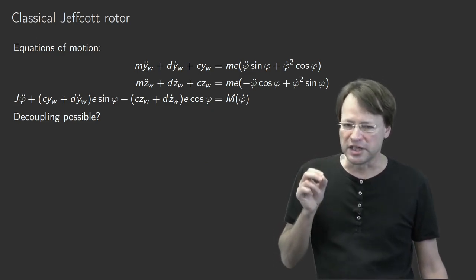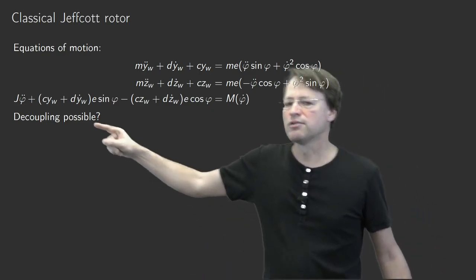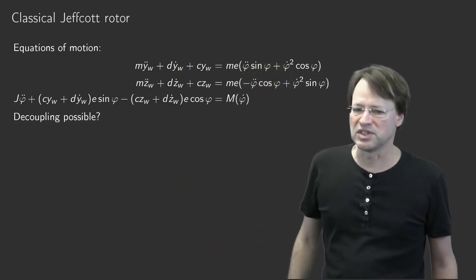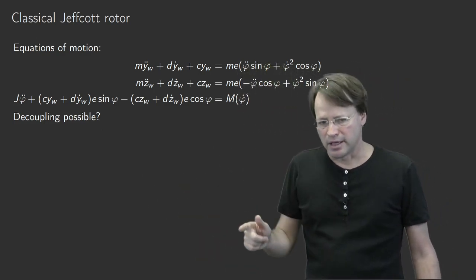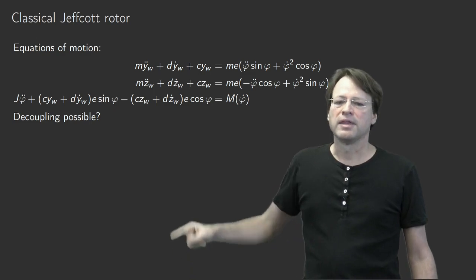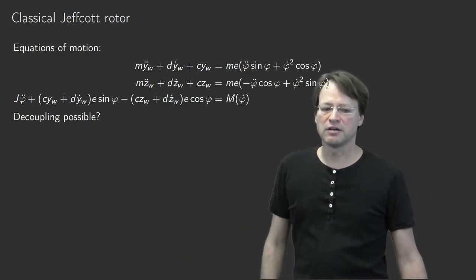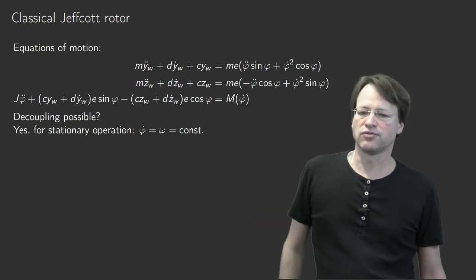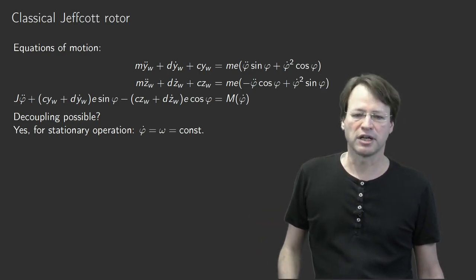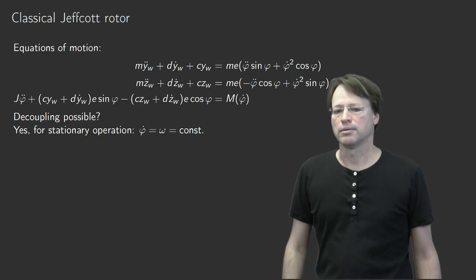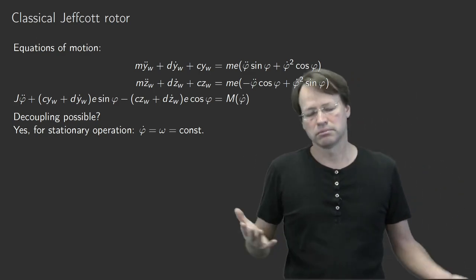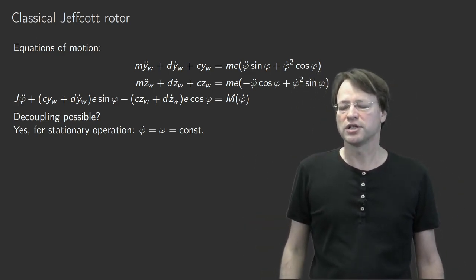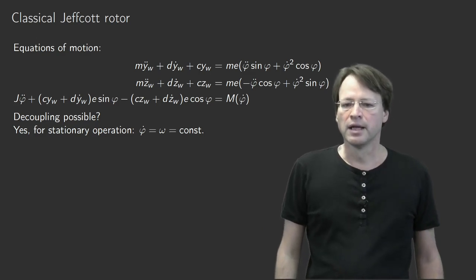It rotates with constant speed, so the second derivative, the angular acceleration, will be 0. The angular velocity will be constant. The angle itself will be a linear function. So this will be the general assumption for stationary operation, and at the very end of that video we will discuss whether these stationary states exist or not.